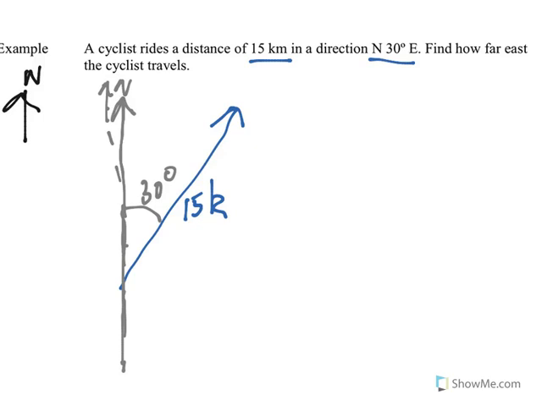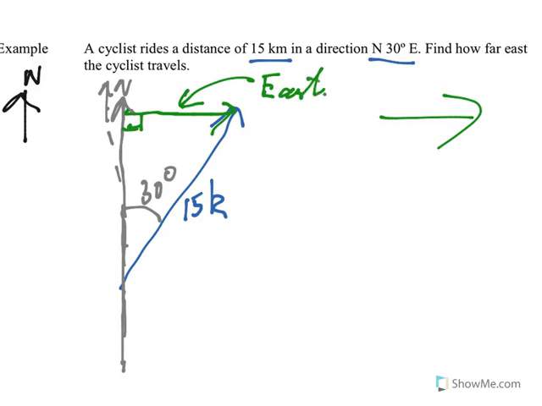So we're asked how far to the east. The east is pointing that way, so if I draw a vector from the north-south line to our final spot that makes a right angle there, then this component here is the east part, and we want to work out what that is. We've got a right angle triangle, and east is the opposite side, and the 15 kilometres is the hypotenuse.